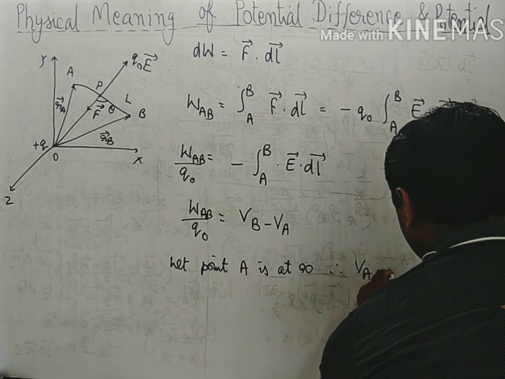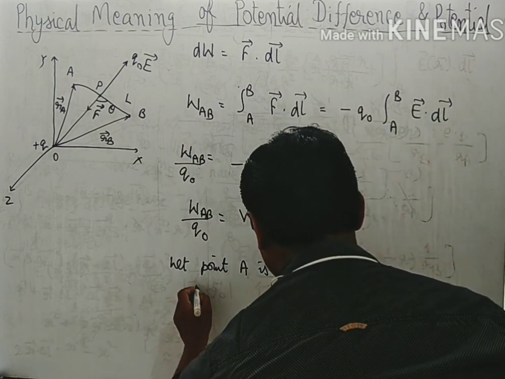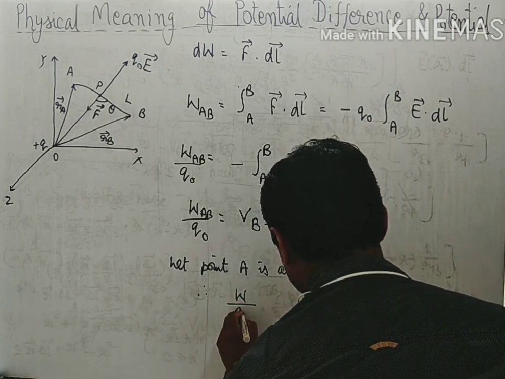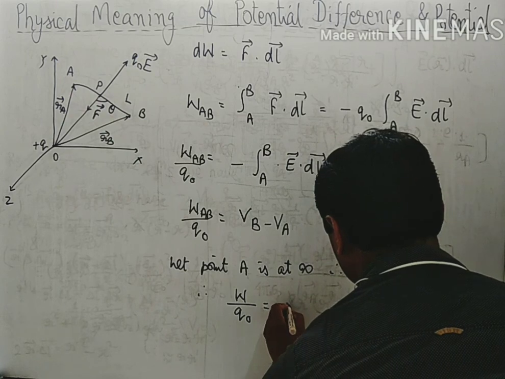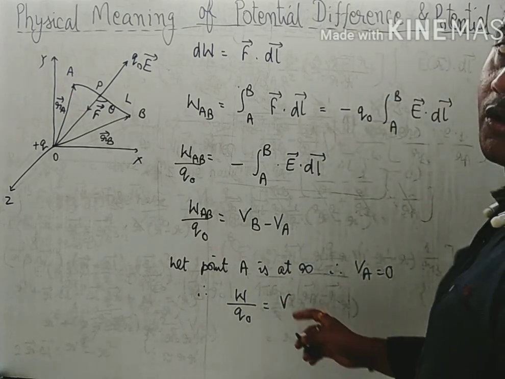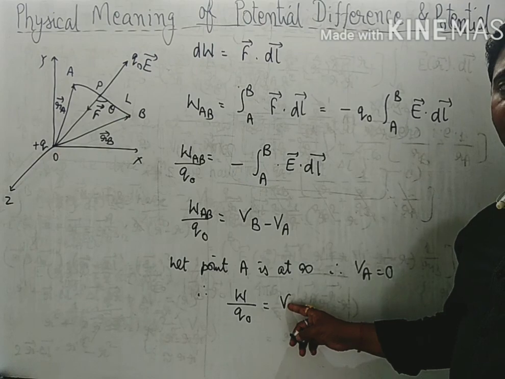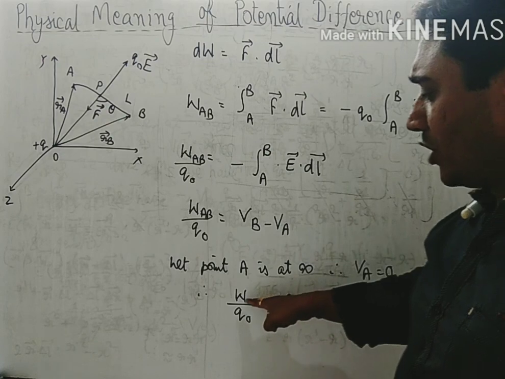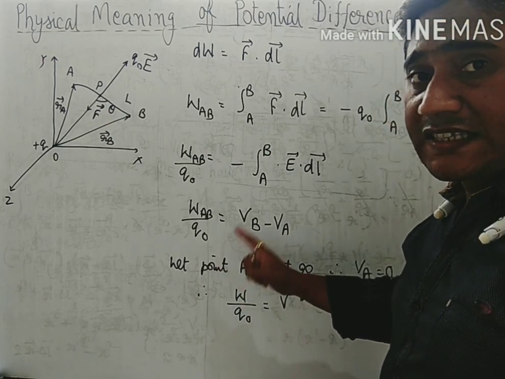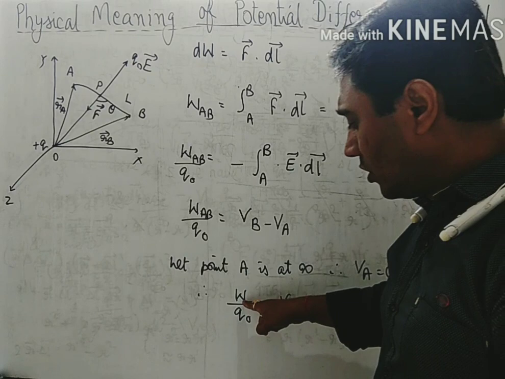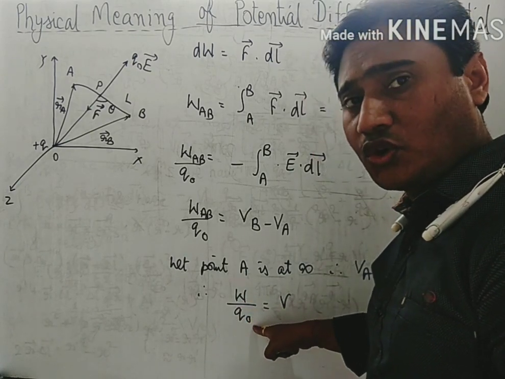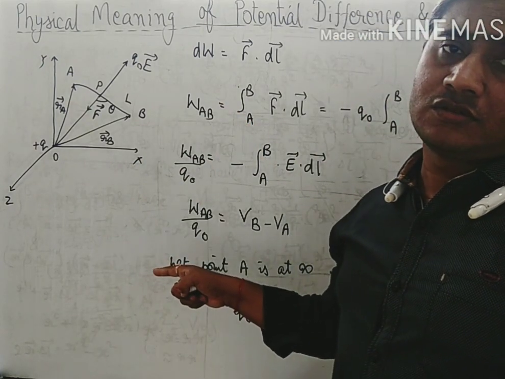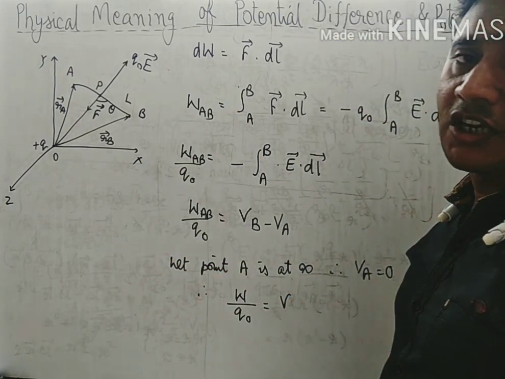Therefore VA will be 0, and hence we have W on Q naught, dropping the subscript as well, we can have V. So the electrostatic potential at a point in the electrostatic field is the amount of work done by the external source in moving the test charge Q naught without any acceleration. So that is electrostatic potential.